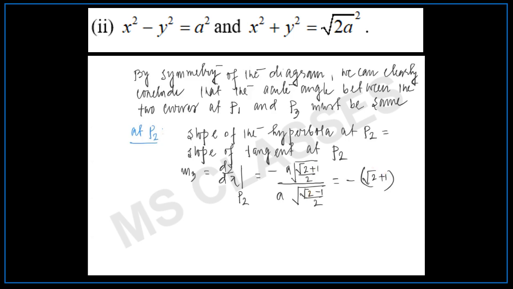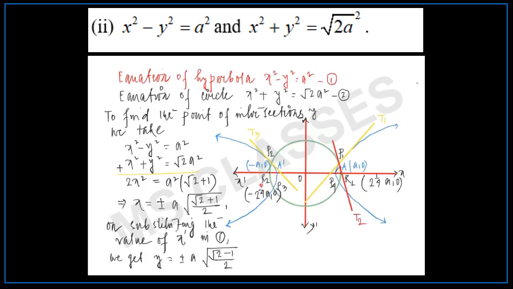Now similarly, if we draw another tangent to the circle at the same point, here also you can find the slope. This is T4.